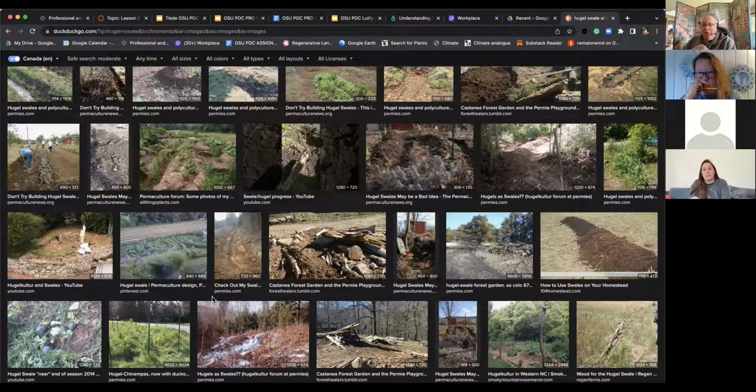Like when you said a hugel swale, and I've been talking about ones I've seen, it's actually an excavated area. Wood is placed into the trench and then backfilled on top. So you end up with a mound, but there's a swale beneath. It's not beside, right? And that can work really well, but that would be a daunting task on acreage.